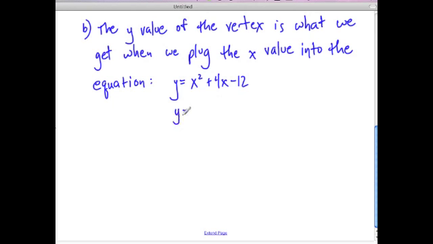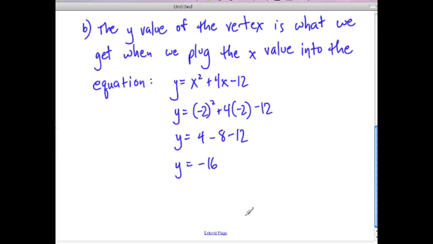Everywhere you see an x, I'm going to put in negative 2. Now I'm just doing a little simplifying here. 4 minus 8 is negative 4. Negative 4 minus 12 more is negative 16.